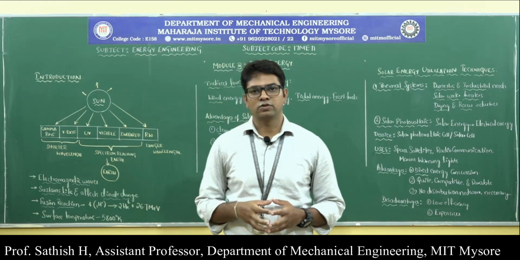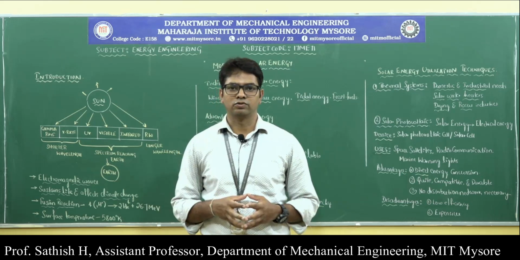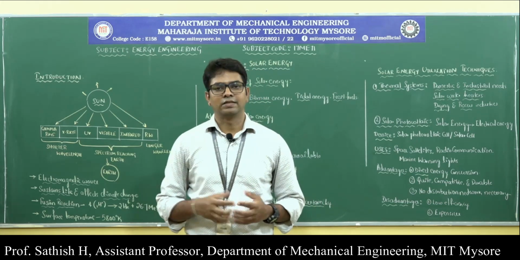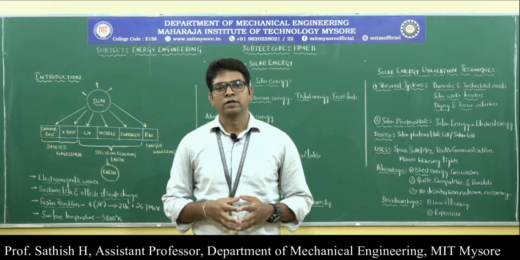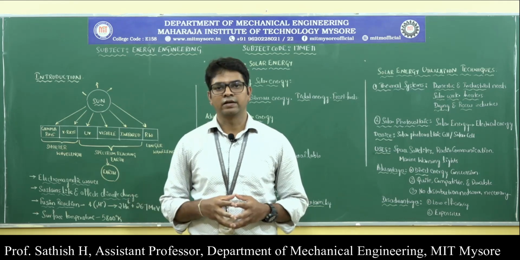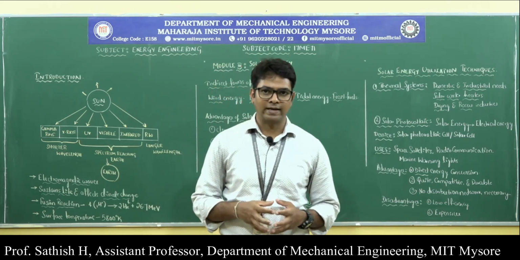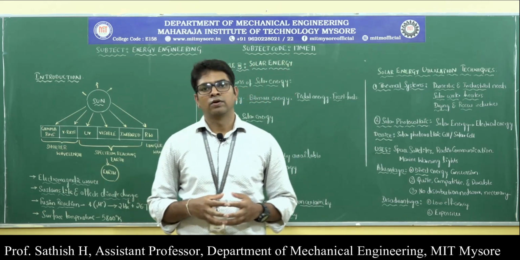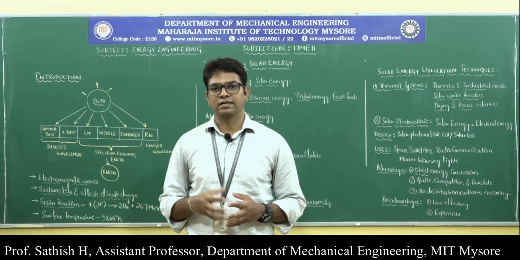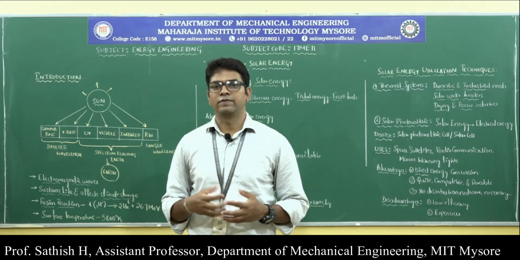Energy is nothing but the capacity to do work. Solar energy means energy which is coming from the sun. This solar energy reaches the surface of the Earth in the form of waves, called electromagnetic waves. We can utilize the energy contained in these electromagnetic waves or radiations for various purposes.